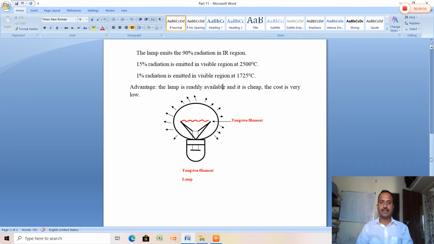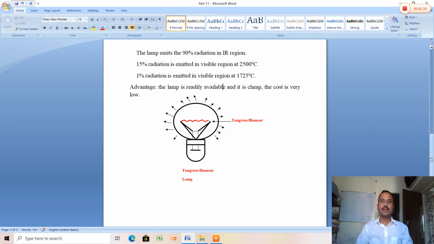So this is one drawback of the tungsten filament lamp: a maximum of 90% of the radiation comes out in the IR region. Only 15% of the radiation emitted by the tungsten filament lamp is found in the visible region at 2500 degrees centigrade.